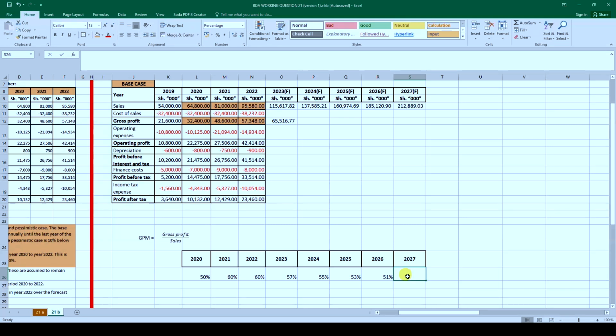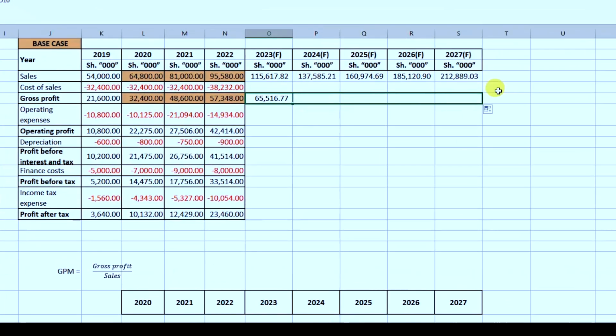And comfortably you can put 50%. So now that we have the gross profit margins over here, just like the way I computed the gross profit, it is the sales times GPM, where GPM is gross profit margin. So I can then drag my formula towards the right.